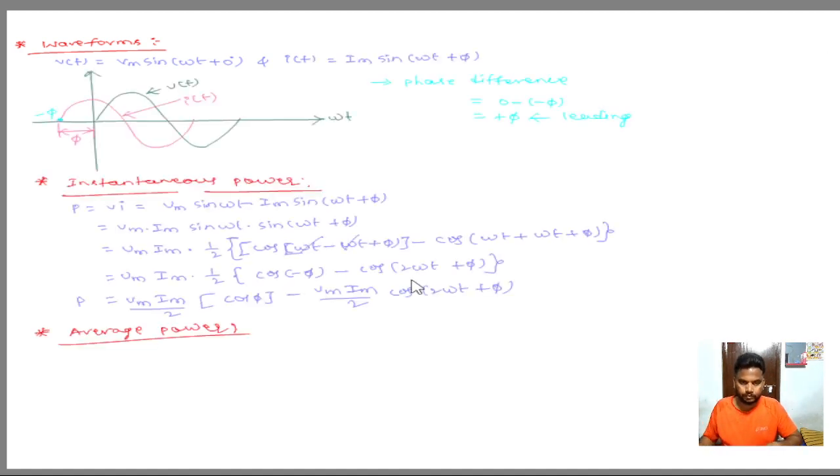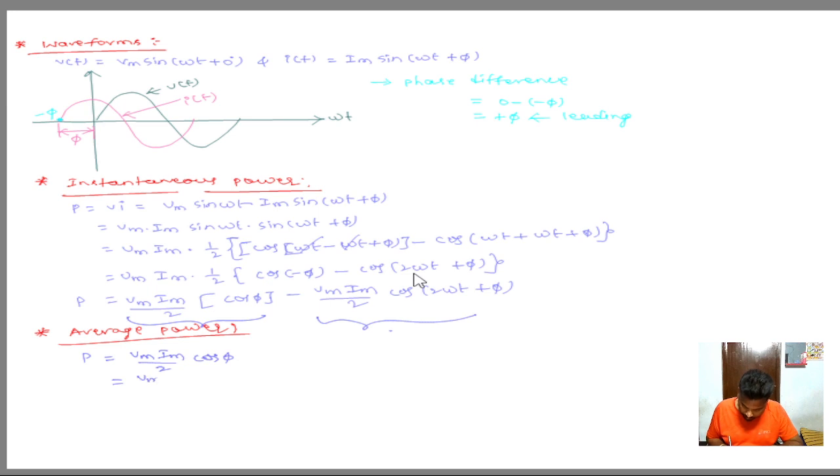Therefore, the average power P is the average of this part and the average of this part, and the average of this part will give 0. Therefore, Vm Im by 2 cos phi.